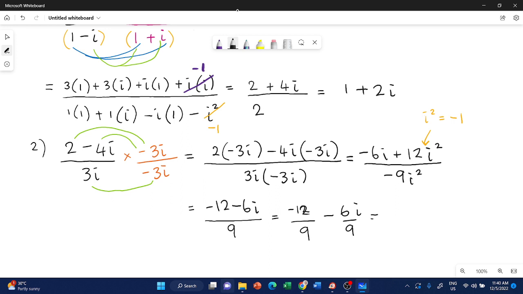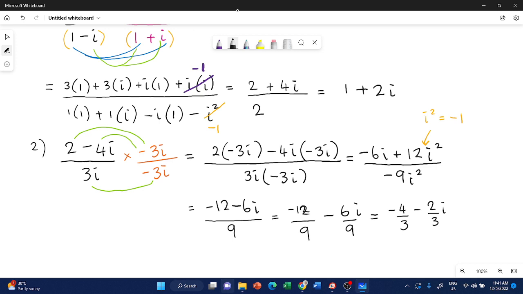Then baru kita simplify, kecilkan. So we divide by 3. So here we have negative 4 over 3, and negative 2 over 3i. So you see here, this is the real part, and the one yang containing i, this is for the imaginary part lah.